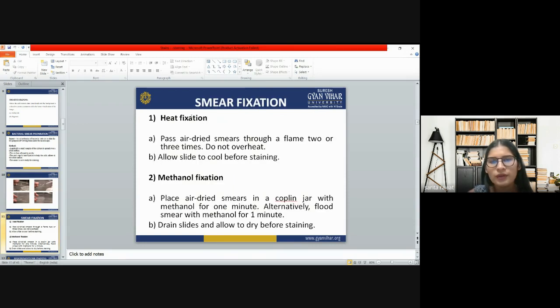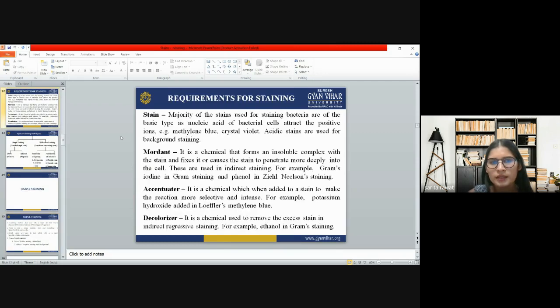Now, how can we fix a smear? So we have the methods: heat fixation and methanol fixation. And the requirements for staining. What are the basic requirements of staining? We need a stain, a mordant, a decolorizer.